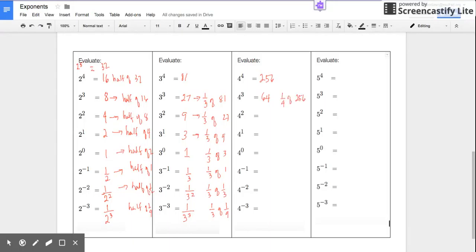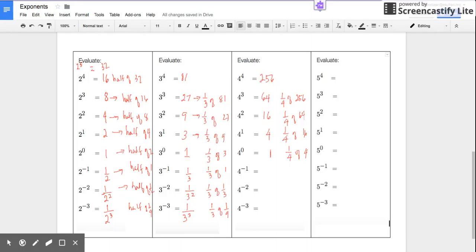So 4 squared is 16, and 16 is 1/4 of 64. And 4 to the 1st is 4, which is 1/4 of 16. So even if I'm not quite sure what 4 to the 0 is, I will think of it as 1/4 of 4, which gives me 1.